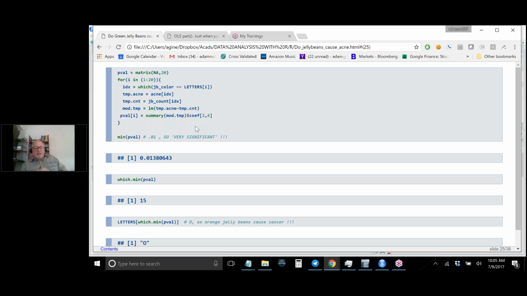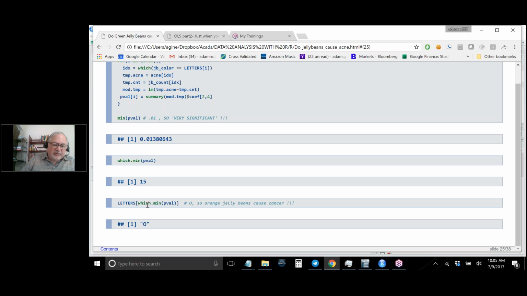It turns out, using which.min, that it's the 15th element of the 20-valued matrix, and letters of 15, which I just write programmatically this way, is O. So in fact, green jelly beans don't seem to cause cancer. Orange jelly beans cause cancer.